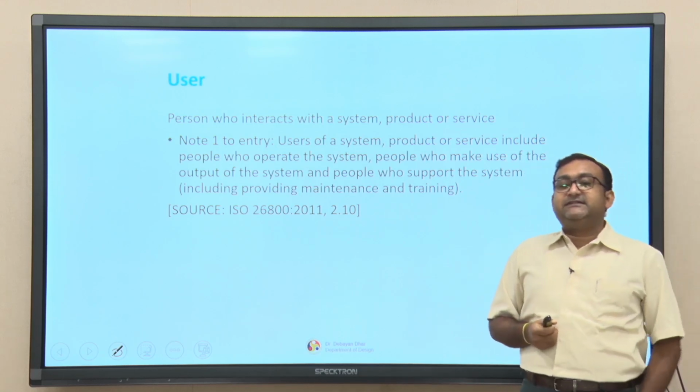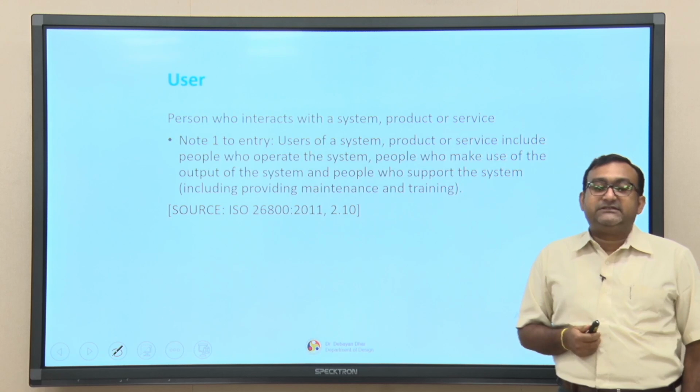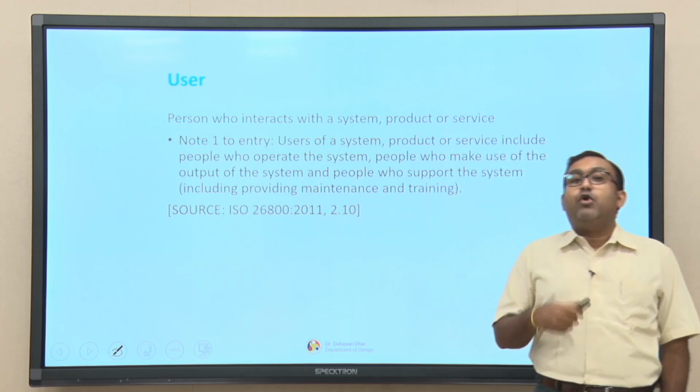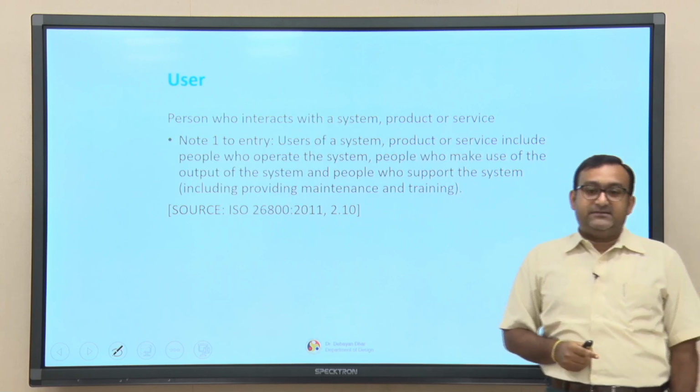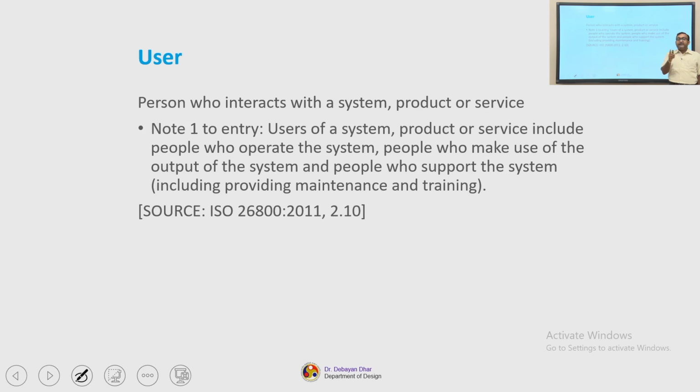Now, users of a system, product or service include people who operate the system. This is very, very important for us to understand, that the people who operate the system, people who make use of the output of the system, that is what we were referring to, that when you have a trigger of command from the user side, you have a response. Output means the response of the system, and people who support the system, including providing maintenance and training.